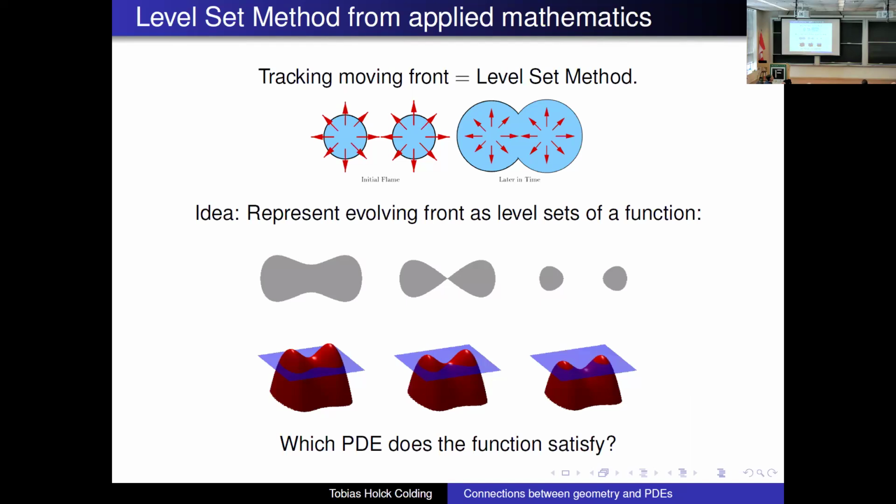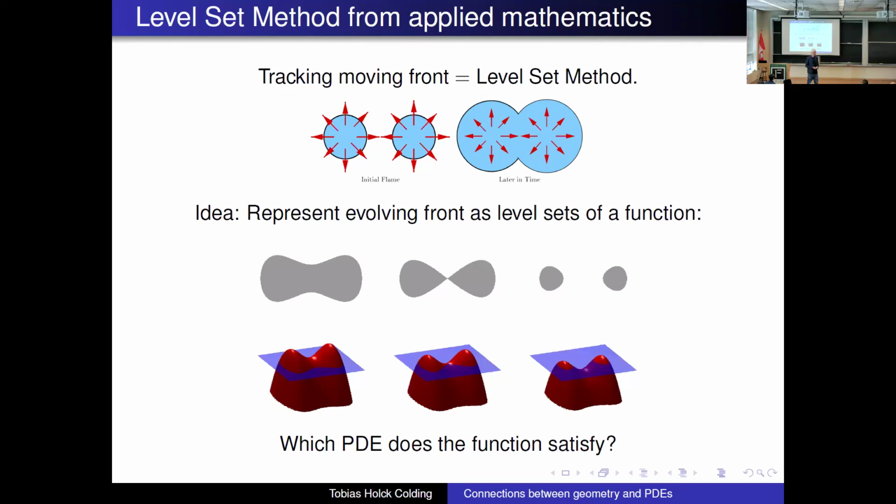But in order to get a PDE, you have your initial surface, and you choose a function that is, let's say, negative inside the surface, zero on the surface, and positive outside.